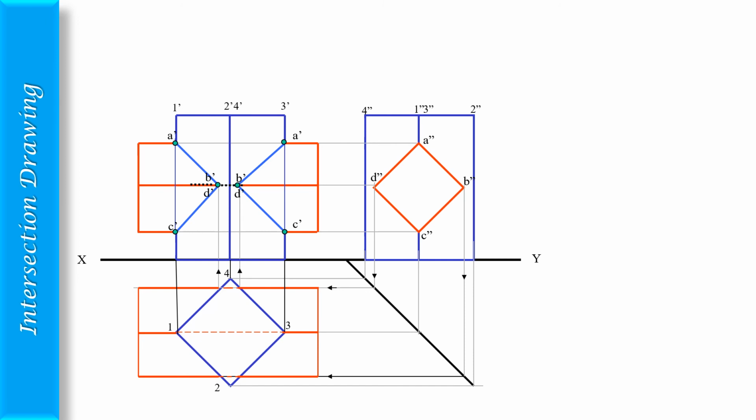So this is finished. The curve of intersection has been drawn. Till here, and after that put the dotted lines.